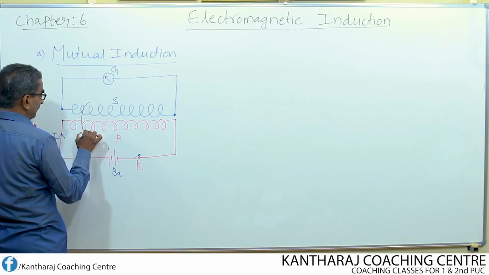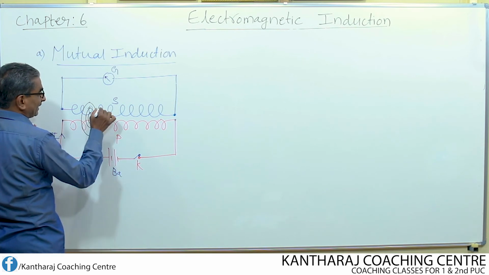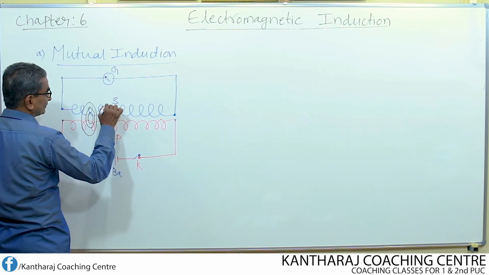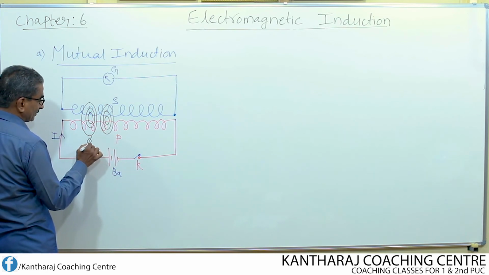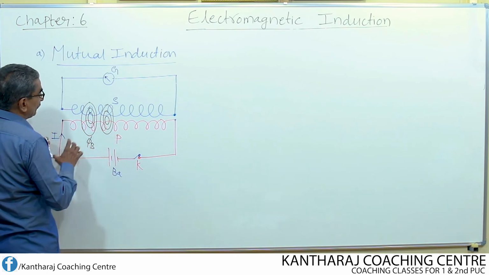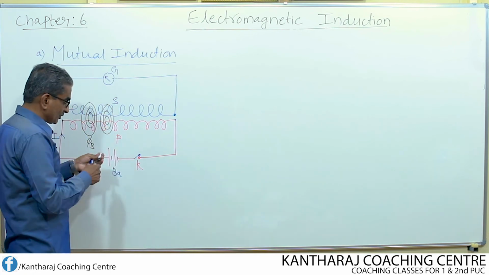Say for example, if I represent these concentric circles as the magnetic lines of force, also known as magnetic flux phi B, this magnetic flux now goes on increasing when the key is closed.